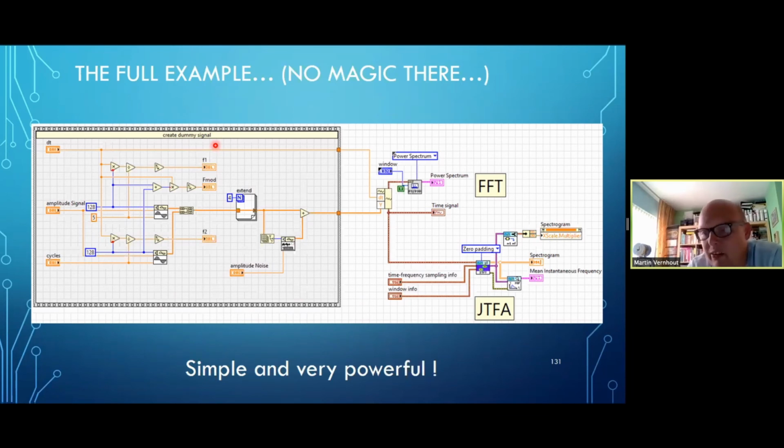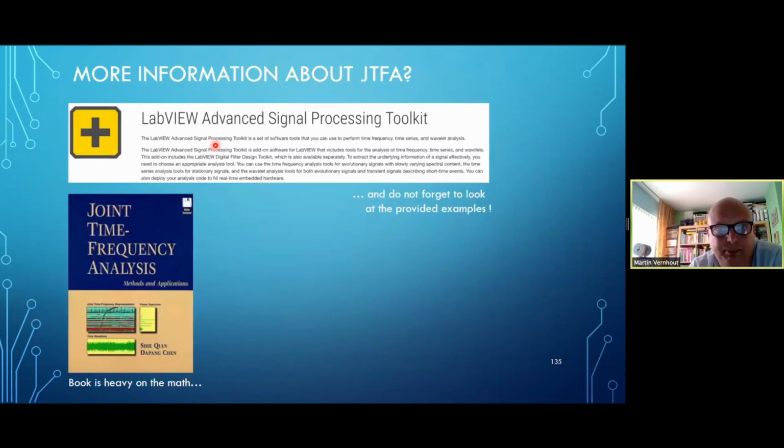We calculate the JTFA, and that shows us all the data insights we need. How do you know about this? Well, go to the LabVIEW Advanced Signal Processing Toolkit, look at the examples provided. You need to buy this one, obviously, or buy a book, Joint Time Frequency Analysis. The book is heavy on the math, but such a great introduction to joint time frequency analysis.